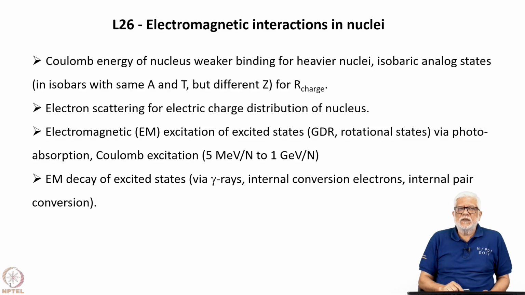The other place where this Coulomb energy manifests itself is in the differences in energies between so-called isobaric analog states. These are states where you have the same A and the same T, but different Z. As we saw in the last lecture, suppose you take a T equal to 1 state corresponding to lithium-8, beryllium-8 and boron-8.